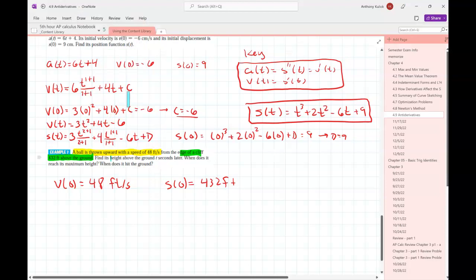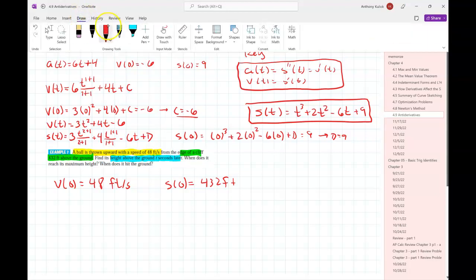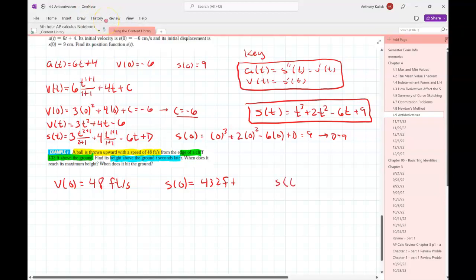And if we're asking for the height above the ground t seconds later, we're asking for the function s of t. Is everybody okay with this?